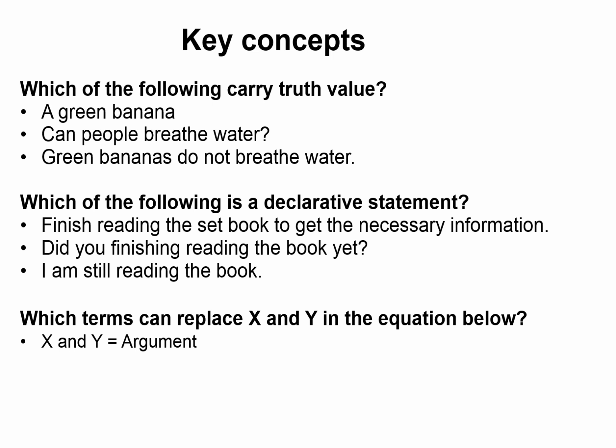It's actually an imperative statement. Did you finish reading? Well, it's a question. It's an interrogative statement. The last one, I, subject, am still reading, verb. And we have a book, which is the object. I'm still reading the book. This is the only declarative statement. That means we can assign it a value of either true or false.